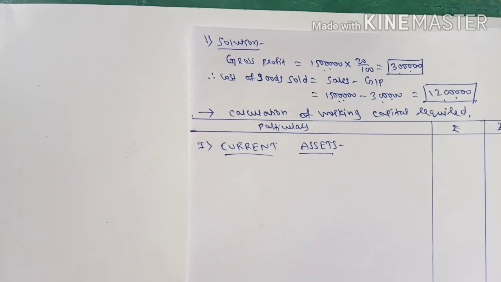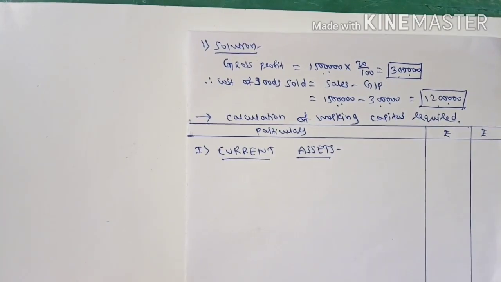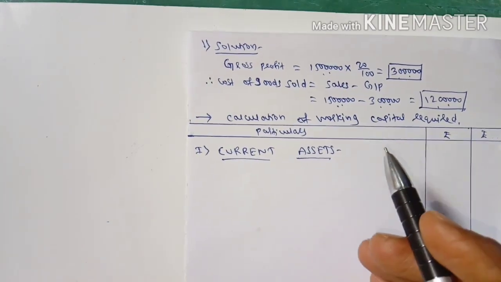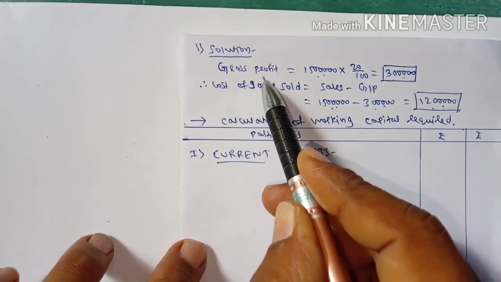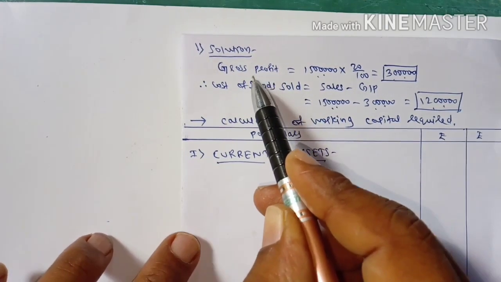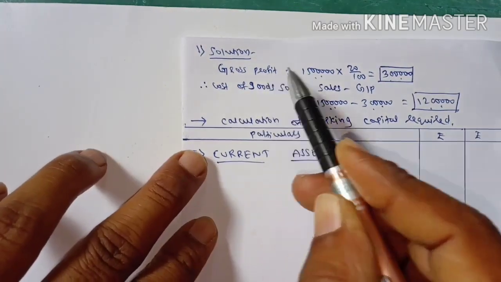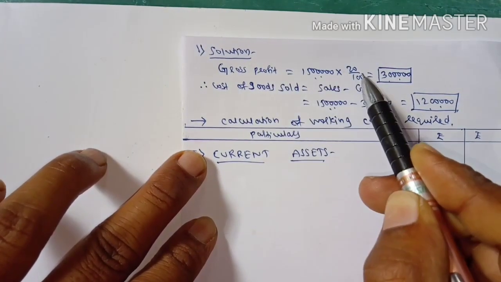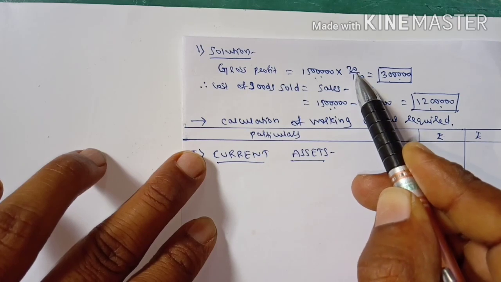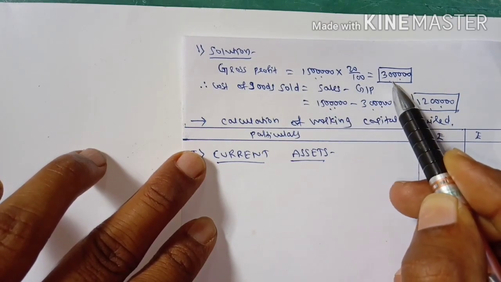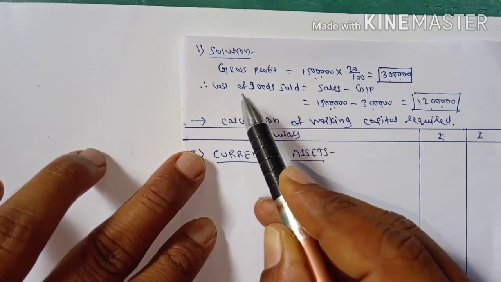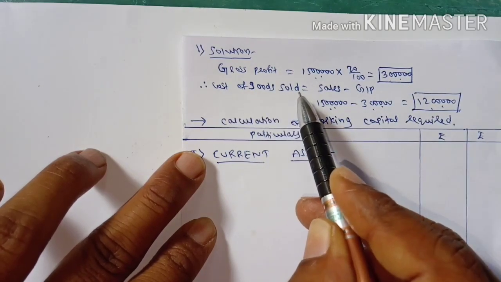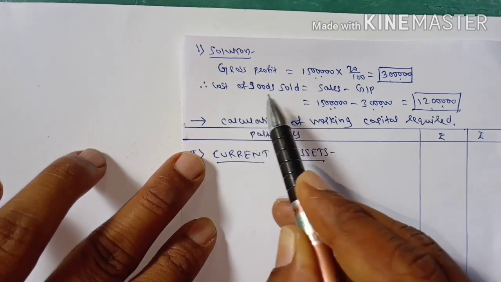So first we have to prepare a working note over here. This working note is for calculation of gross profit and cost of sales. So sales is 15 lakh and gross profit is 20%. So 20% over 15 lakh is 3 lakh. So 3 lakh is gross profit. With this we can calculate cost of goods sold. Why is this cost of goods sold required?